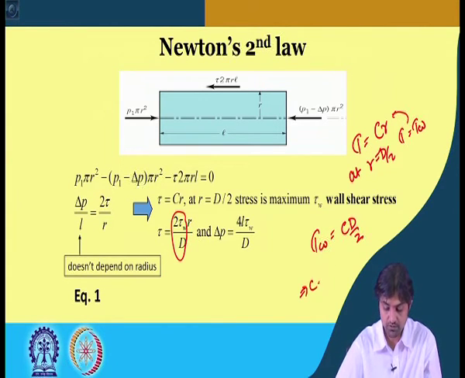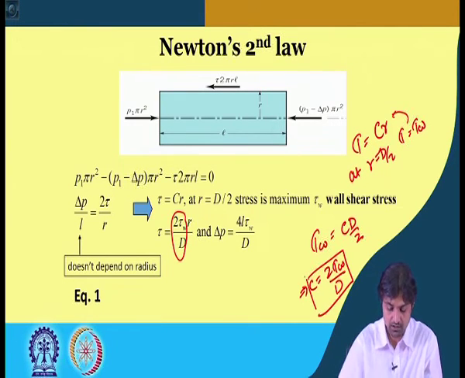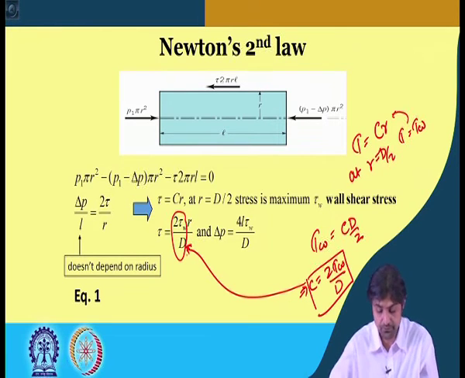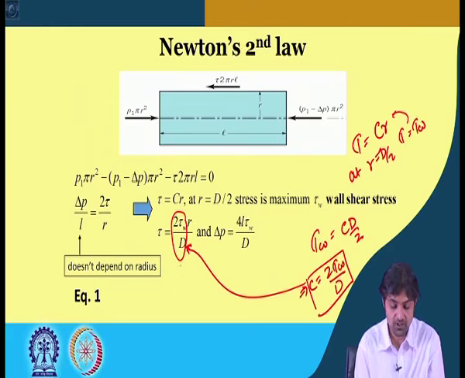All right, so C becomes 2 tau W by D, and this is what has been substituted here. So we get tau as a function of the wall shear stress, 2 tau W by D into r. So now we have obtained tau in terms of wall shear stress. Therefore, using this equation, we have obtained delta P.